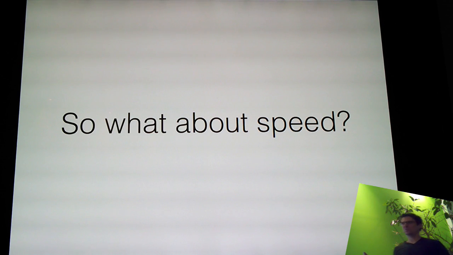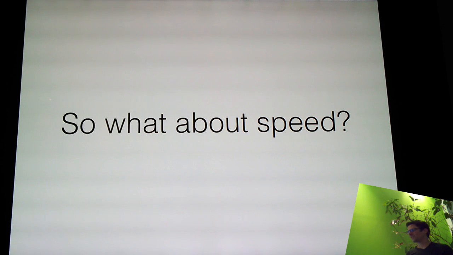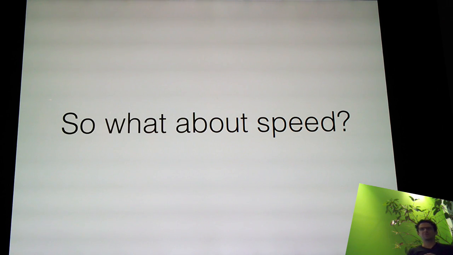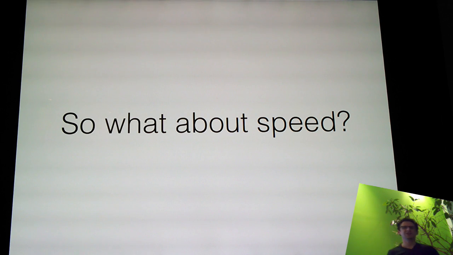So the question is, what about speed? CrossFilter is incredibly fast. I'll show you an example in a couple minutes of cross-filtering over 300,000 records in real time in the browser. It's so fast because when you do a filter with CrossFilter, you start out by building your dimensions, you build your groups, and when you do that, it runs all the records through the group function.